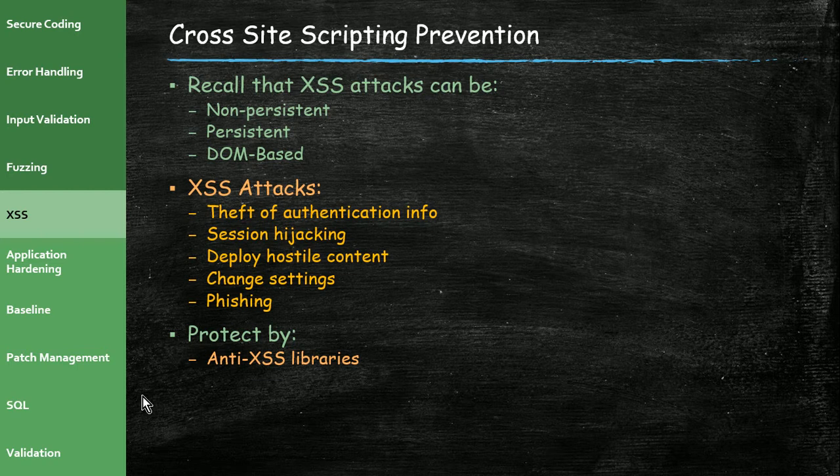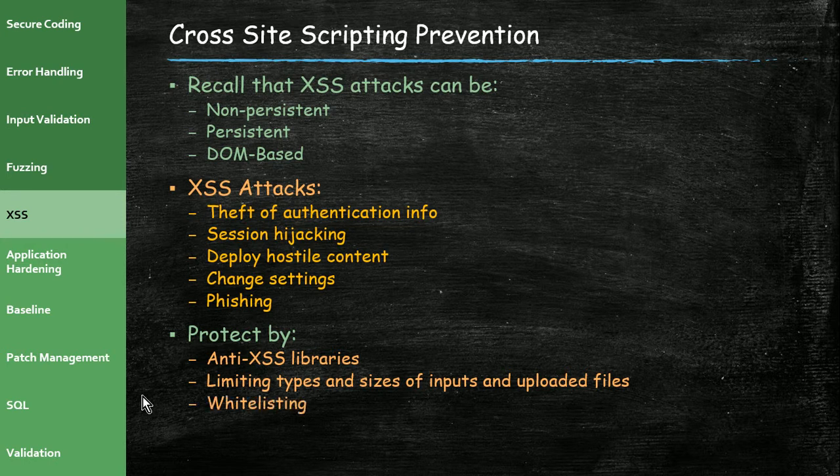The work's already been done for you. All you have to do is implement those libraries. There's really no excuse not to do that. You can also limit the types and sizes of inputs and uploaded files. If you put these limiting factors, and I talked a little bit about this before with our input validation, we can sort of whitelist what's allowed, and that drastically reduces the attack surface on our applications.